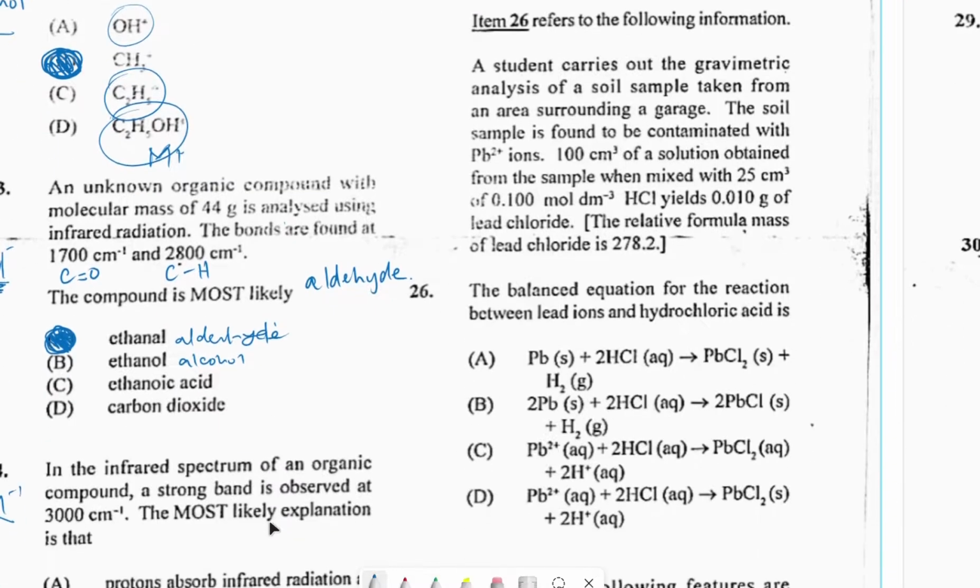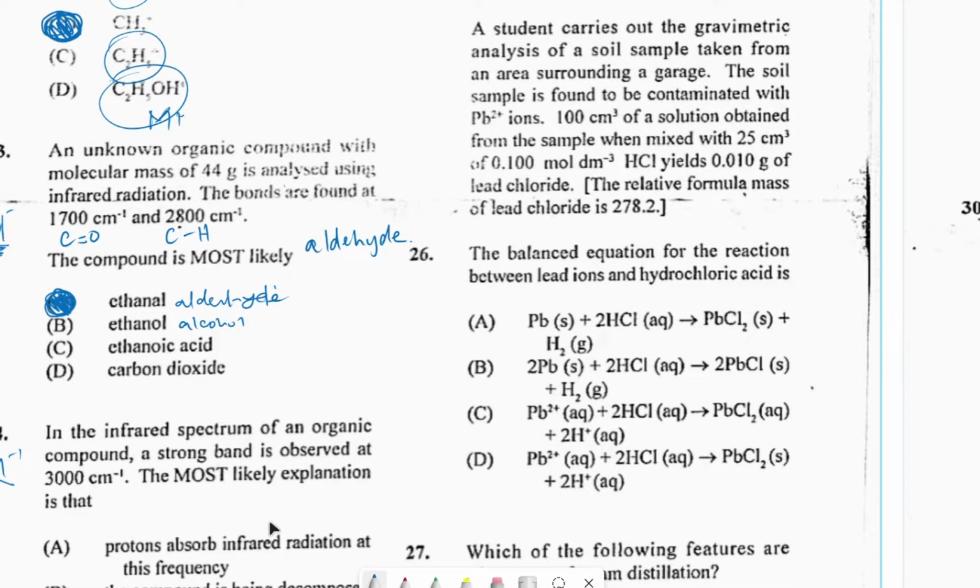A student carries out the gravimetric analysis of a soil sample taken from an area surrounding a garage. The soil sample is found to be contaminated with Pb2 plus ions, lead ions. 100 centimeter cube of a solution obtained from the sample when mixed with 25 centimeter cube of 0.1 mole per decimeter cube HCl yields 0.010 grams of lead chloride.